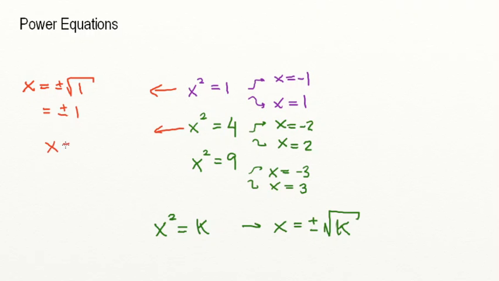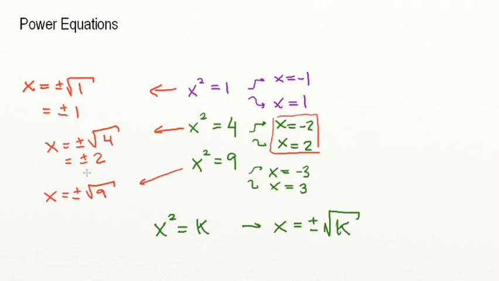So x is plus or minus the square root of 4, which is plus or minus 2. Exactly what we found before. What about the third one here? x is equal to plus or minus root of 9, and root of 9 is 3. Notice that not always you'll be able to find a nice number. Sometimes you get some surds, and that's how life is.